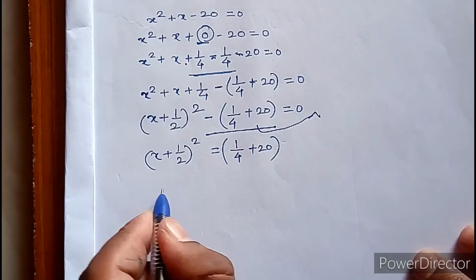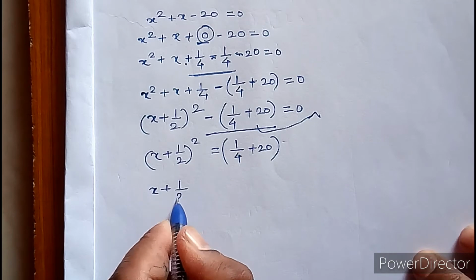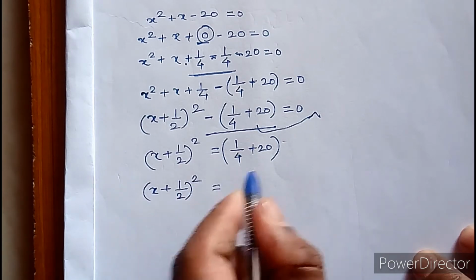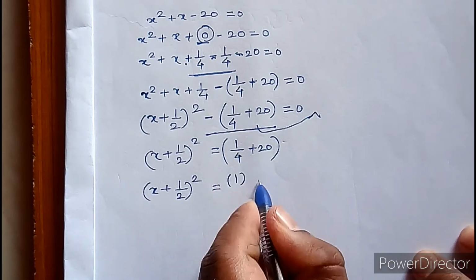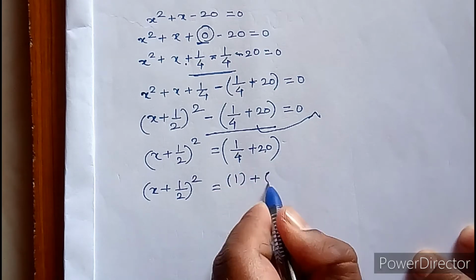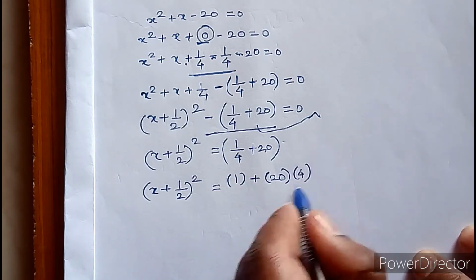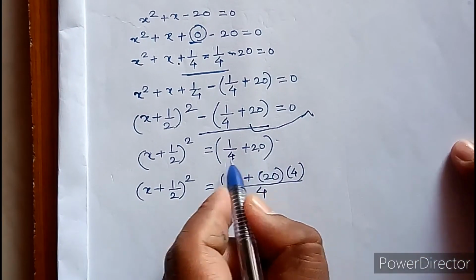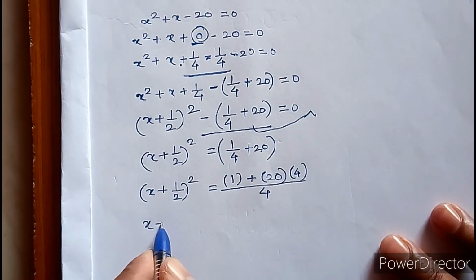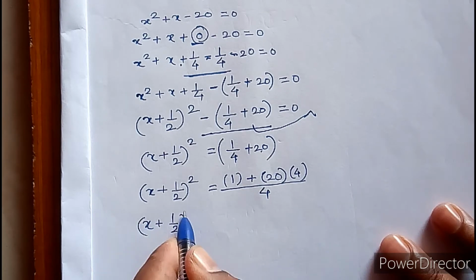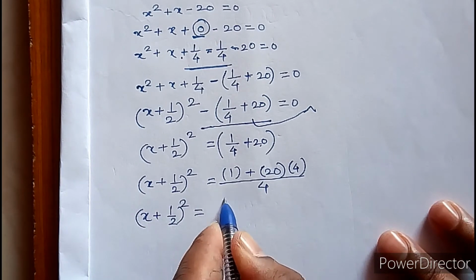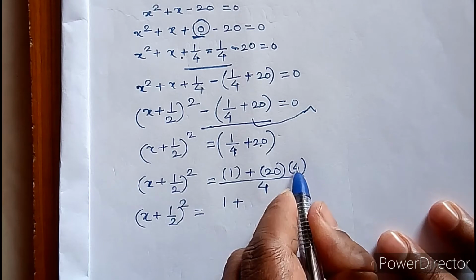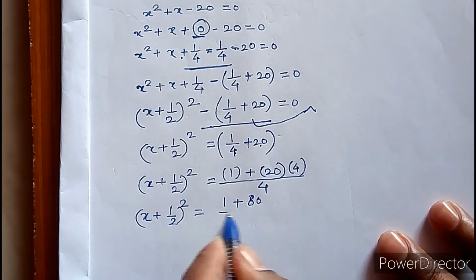Now on solving this, x plus 1 by 2 whole square as it is, now 1 as it is plus 20 into 4 divided by 4. Now we have taken this denominator common for both. Now this 1 as it is plus 20 into 4, that is 80 divided by 4.